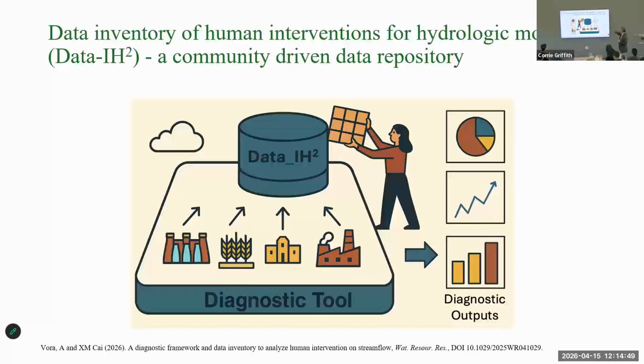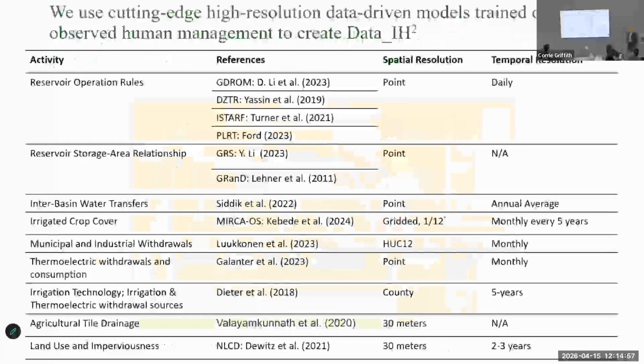Recently we published a paper in WRR. The data we have recreated and generated is already available. This paper lists all kinds of human intervention data we could find from open data sources, and of course also from our own work, especially on the reservoir side.